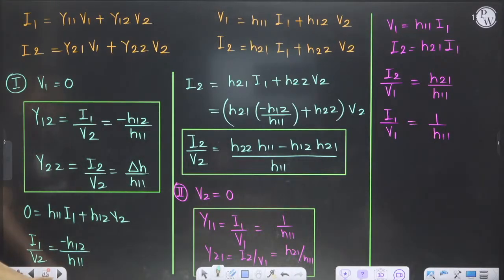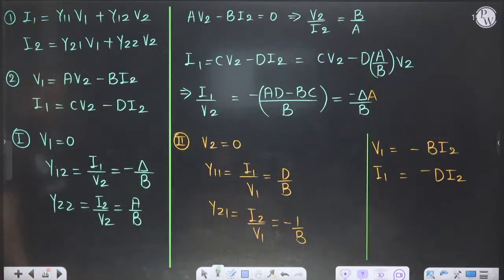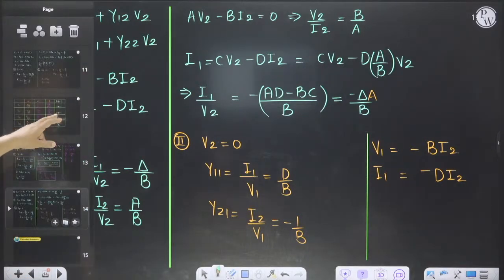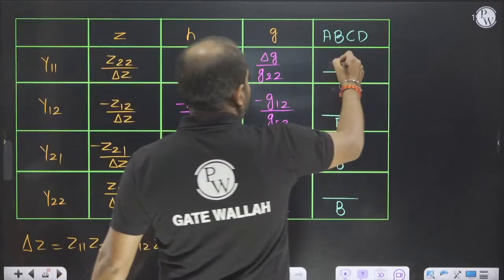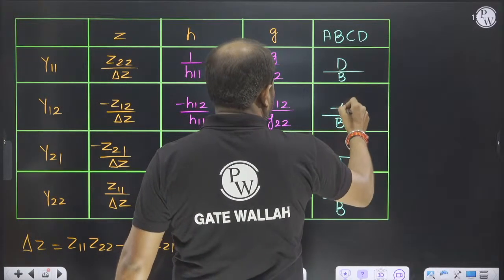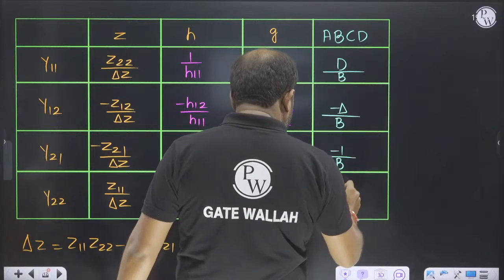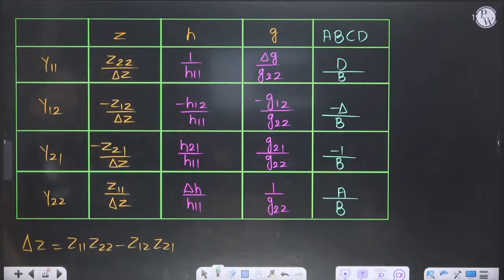Then we have D, minus delta, minus 1, A, all divided by B. This is the Y parameter in terms of ABCD. I will check. Y parameter in terms of ABCD: D by B, minus delta by B, minus 1 by B, A by B. Yes, it is correct.